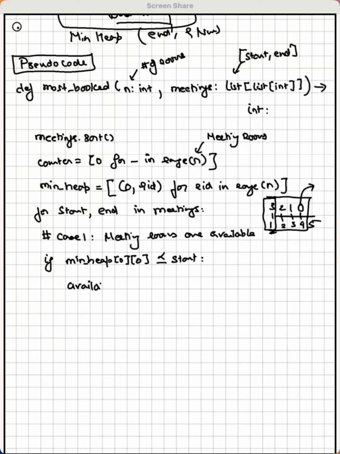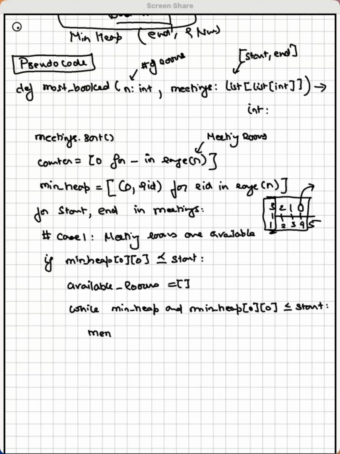So let's do that. Available rooms is equal to empty list, and then I say while I have something in my heap and min heap of head, and the end time is still lesser than or equal to start, pull it out. Let's look at their room number.